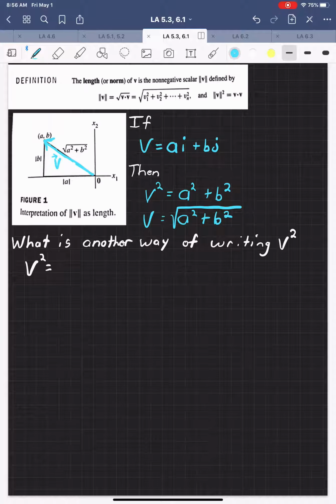But what's another way of thinking about v squared? Well, v squared is just the idea of vector v multiplied by itself, right? So that's the dot product, v dot v.